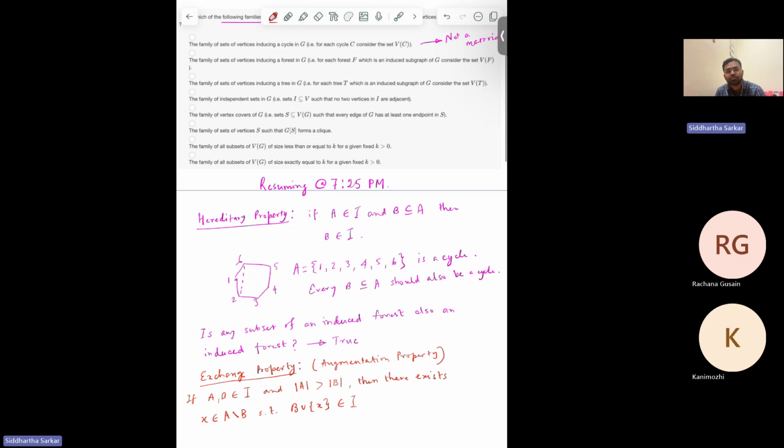So the size of B can be augmented. This ensures a larger independent set can extend a smaller independent set by its elements.